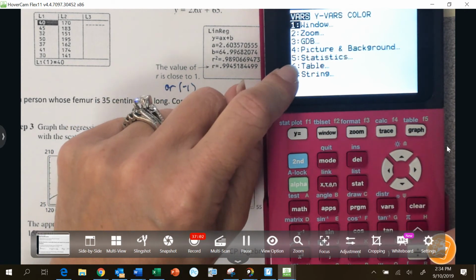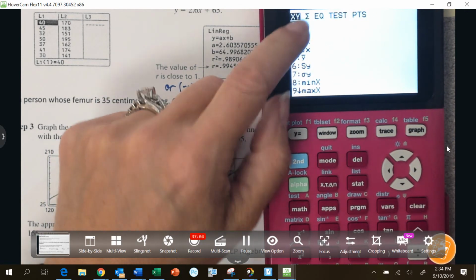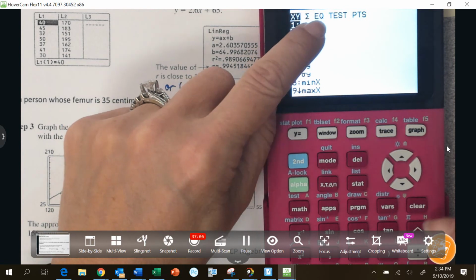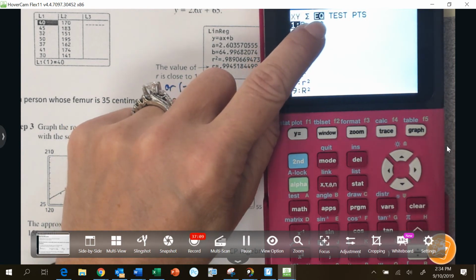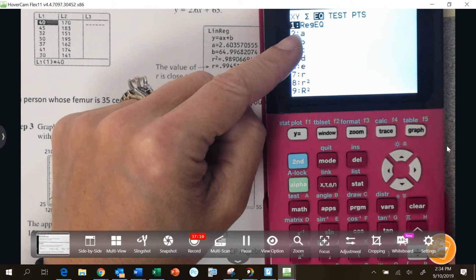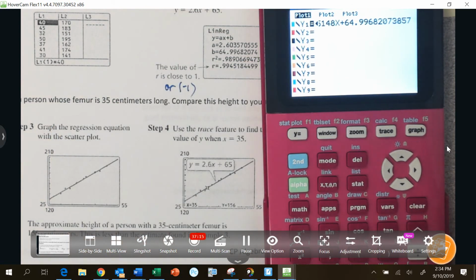Then we go over to EQ, which stands for equation, and you choose the regular equation, RegEQ. And it copies it there for you. So again, that was VARS, statistics, EQ, RegEQ. And then it's copied, and you can hit graph.